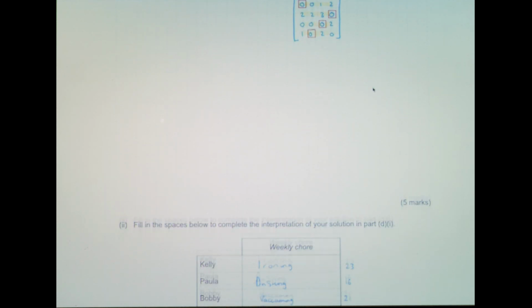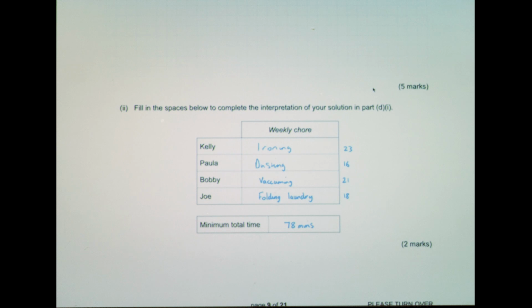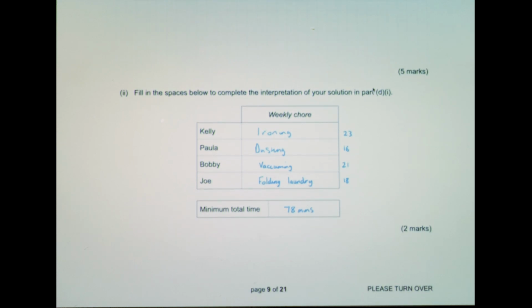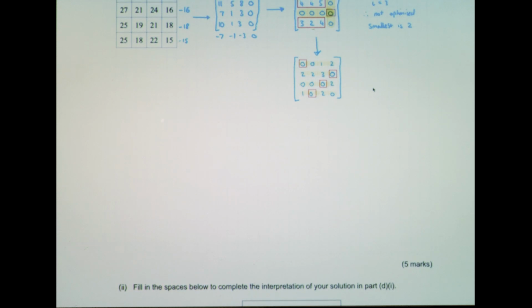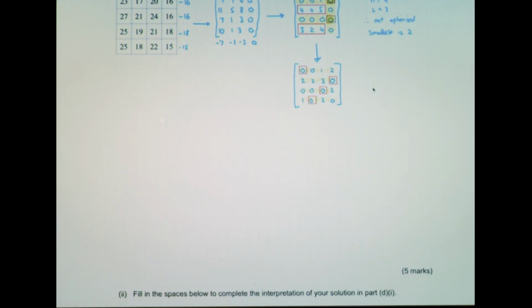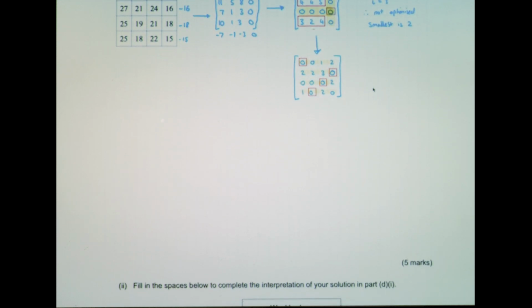So the interpretation didn't actually come until the next section, which was where we're looking to allocate the tasks. So where we saw that last completed, can you scroll? So that last completed step didn't actually have to be shown to get marks for D1, but they would have to have that somewhere to help them with D2.